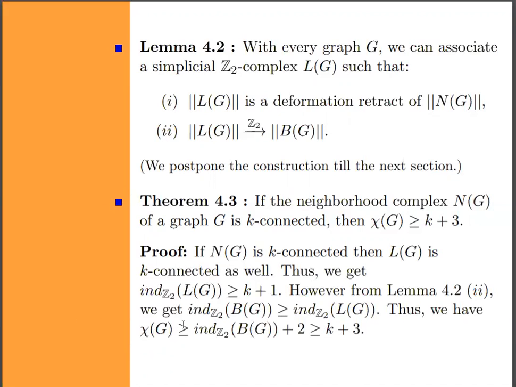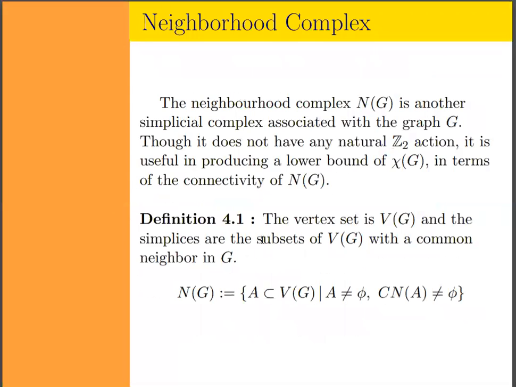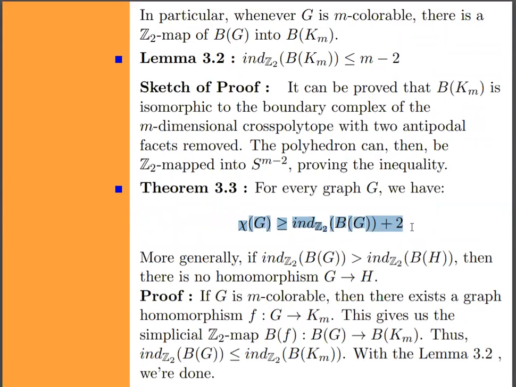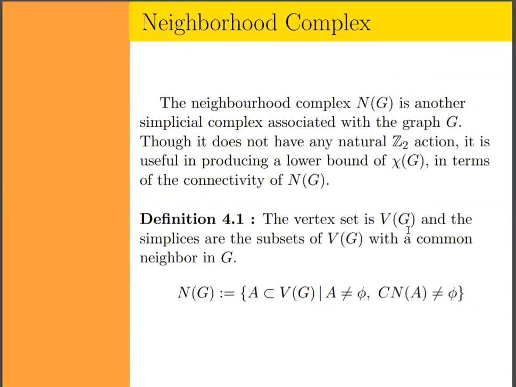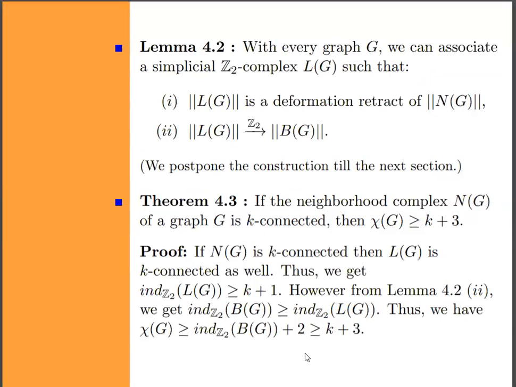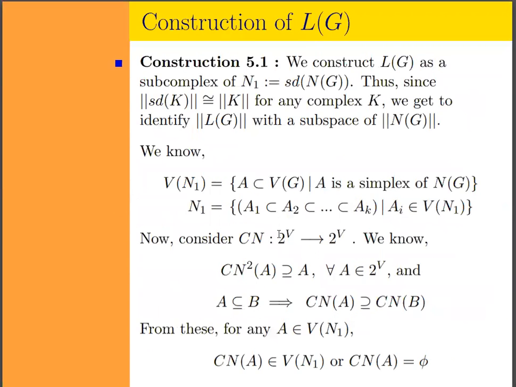So chi of G is greater than or equal to k plus 3. This part comes from the previous inequality that we proved here: chi of G is greater than or equal to the index of B of G plus 2. So we get a lower bound of chi of G in terms of the connectedness of N of G.